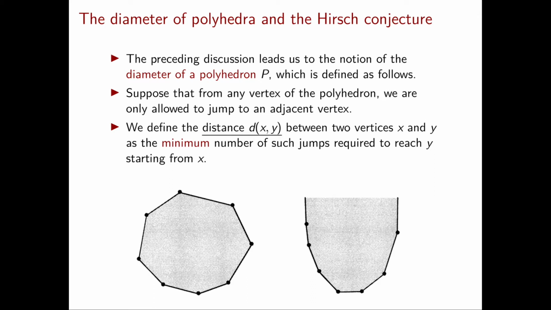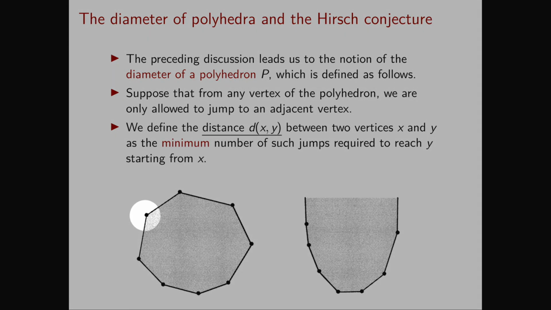What I want to do now is to define what is the diameter of a polyhedron. As soon as we define it, we will immediately understand that it's closely connected with the number of iterations performed by the simplex method. Let's say that from any vertex of our polyhedron, we're only allowed to jump to a vertex that is adjacent. For example, in this picture, if this is our vertex, we're allowed to jump either here or here.